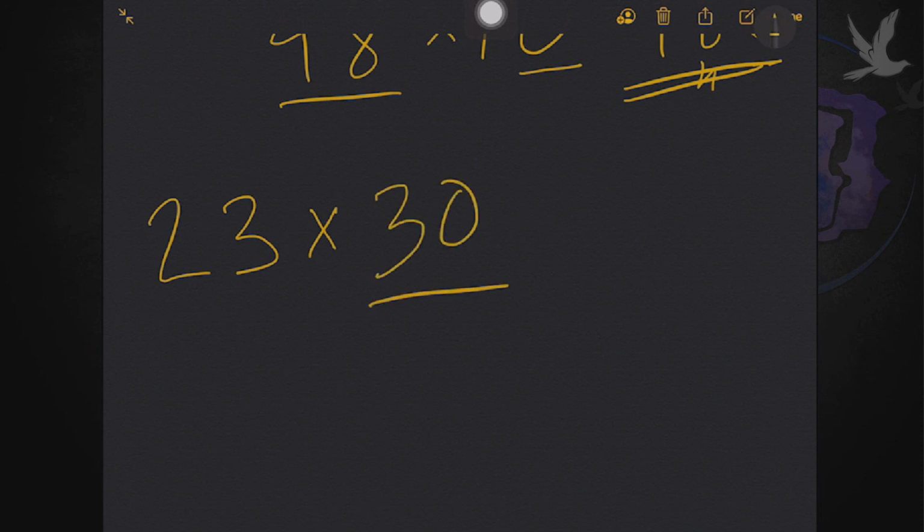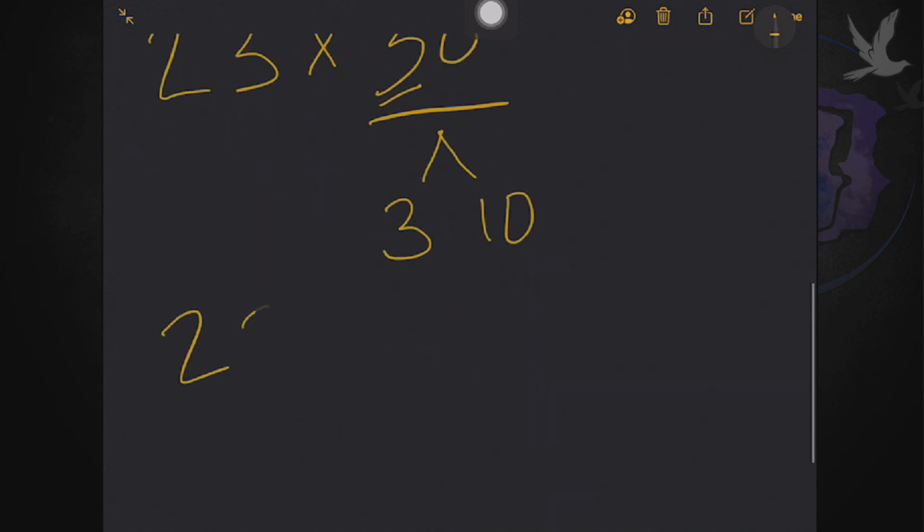Then again, breaking down 30, where one number should be equivalent to either 10, 100, or 1000. So that's basically taking the base number 3. How many zeros do you have? 1. So that's equivalent to 10. So 3 times 10. Rewriting the equation, we have 23 multiplied to 3 multiplied to 10.